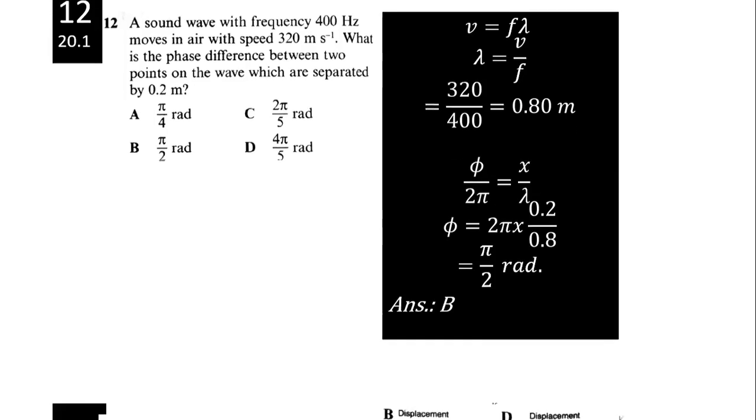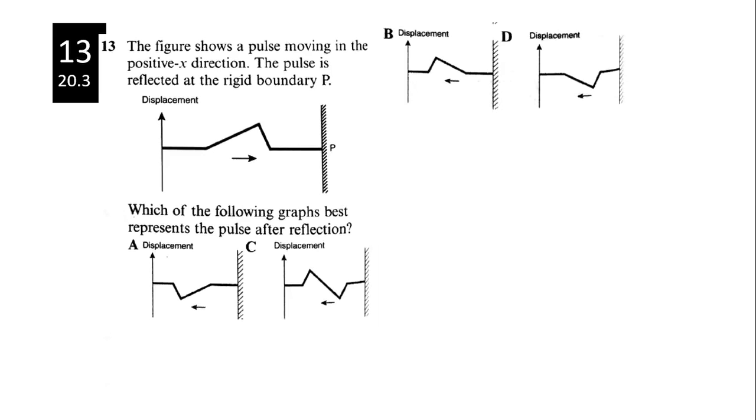Let's try a few more. The figure shows a pulse moving in a positive x direction. The pulse is reflected at the rigid boundary D. Which of the following graphs best represents the pulse after reflection? What's the answer?